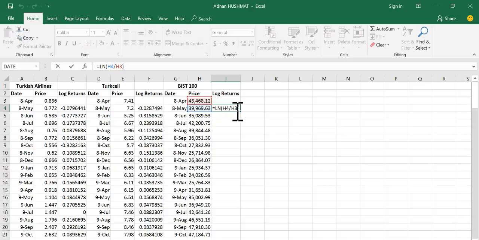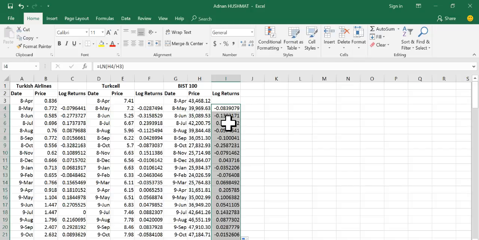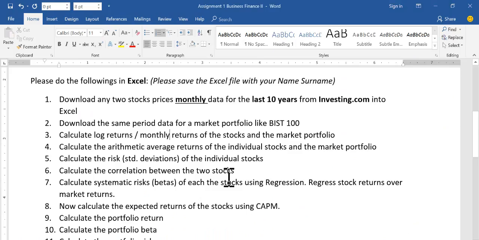Just press enter. Again select this, and when the cursor turns to a black plus, double click. So now we have log returns for all the months, right? Okay, let's press save. Now let's move on to our list of the things that we need to do.